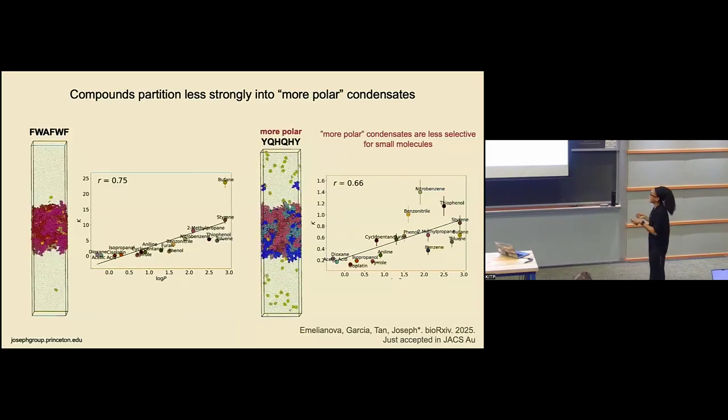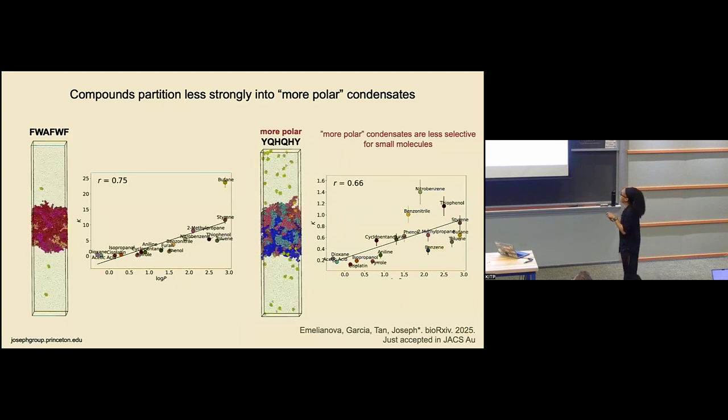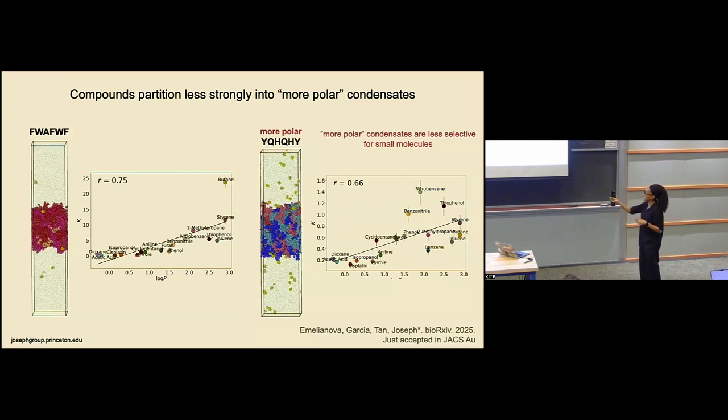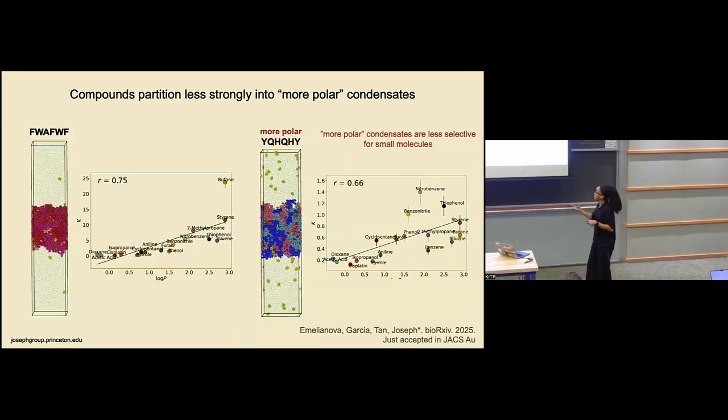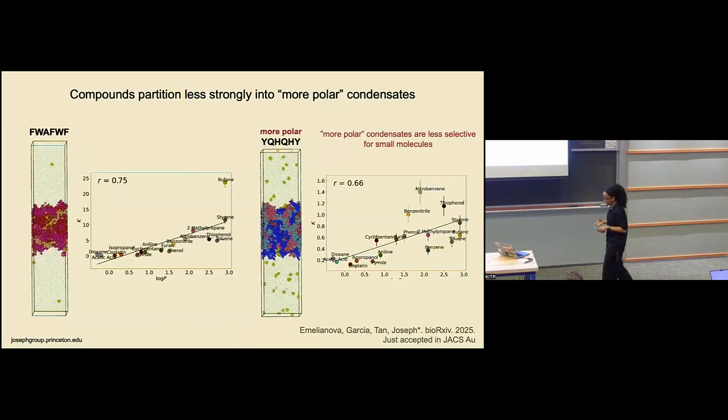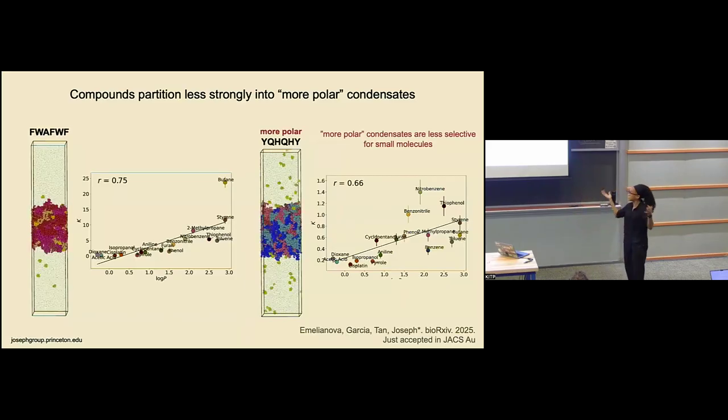So this nice, relatively strong dependence that we get here is weakened when the environment that the molecules are partitioning into becomes more polar.